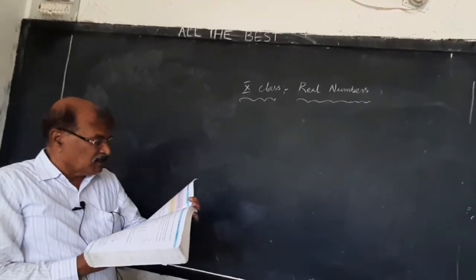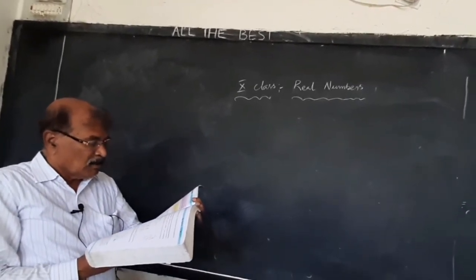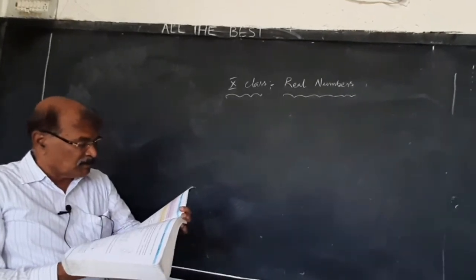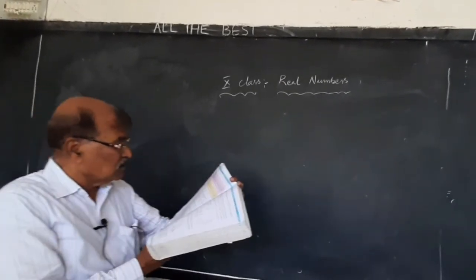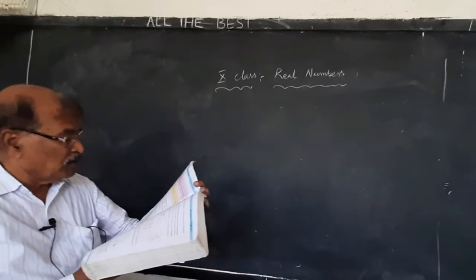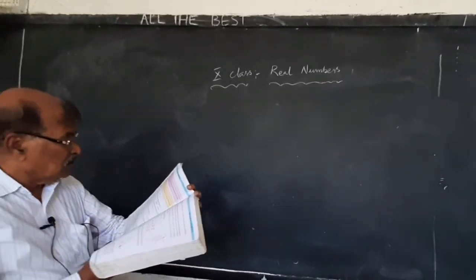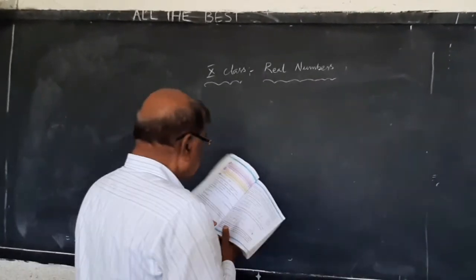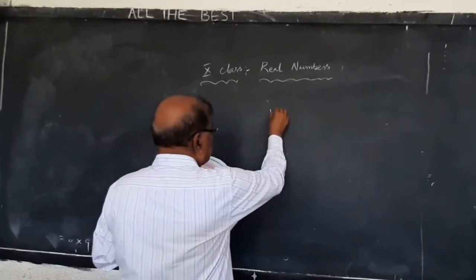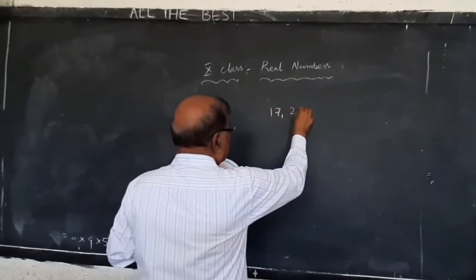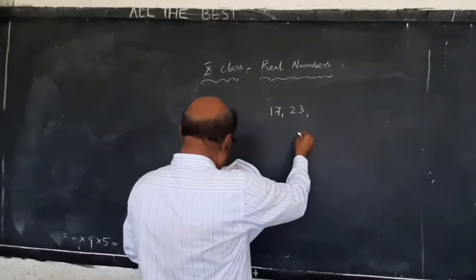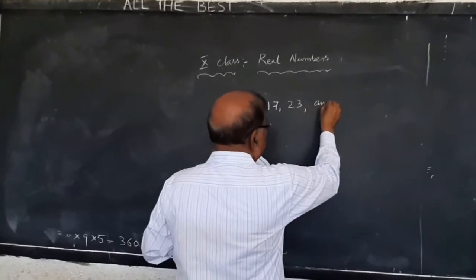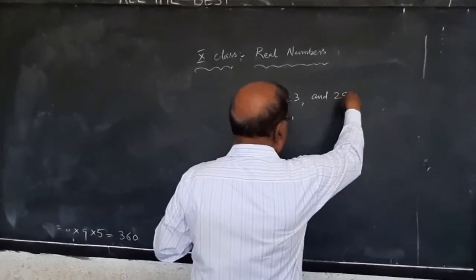Find the LCM and HCF of the following integers by the prime factorization method. This also we have done, but there are 3 numbers: 17, 23 and 29.